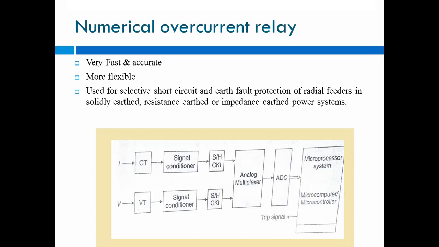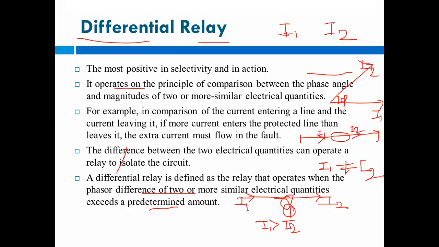It takes much less time than the electromechanical relay to operate when the fault occurs. It includes the current transformer or potential transformer, then signal conditioners, sample and hold circuit, analog multiplexer, A to D converter, then the processor. After processing, it gives the signal to the circuit breaker. So these are the numerical overcurrent relays.